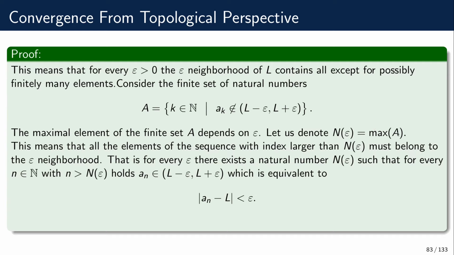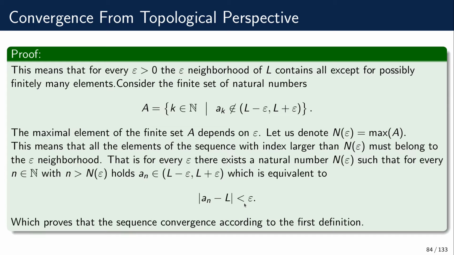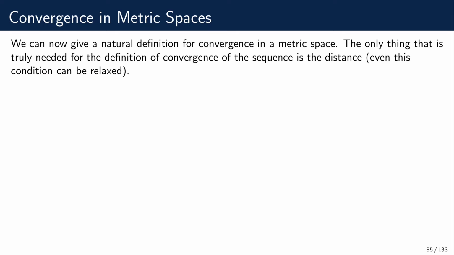It's just the maximum of this finite set. And then for every n that is greater than n(epsilon), a_n lies in this epsilon neighborhood, which is equivalent to the distance of a_n minus L being smaller than epsilon. So we have proved that. So this is truly equivalent.